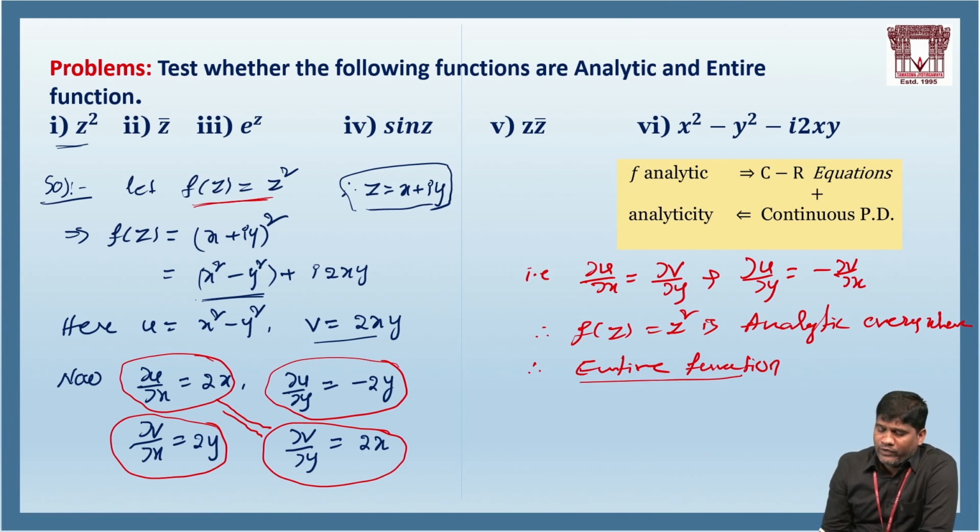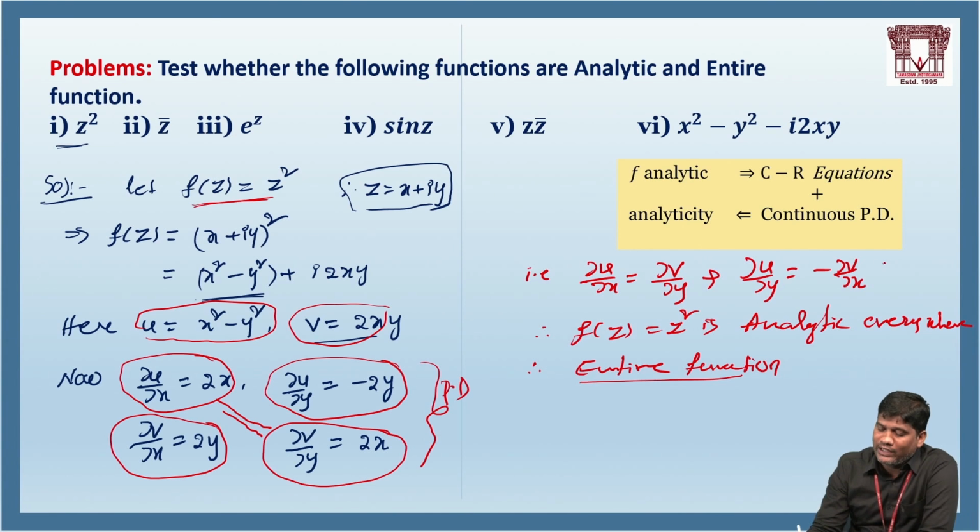Have you understood? If you want to check whether the given function is analytic or not, first we have to find the real and imaginary parts of the function. After that, we have to find the first order partial derivatives.